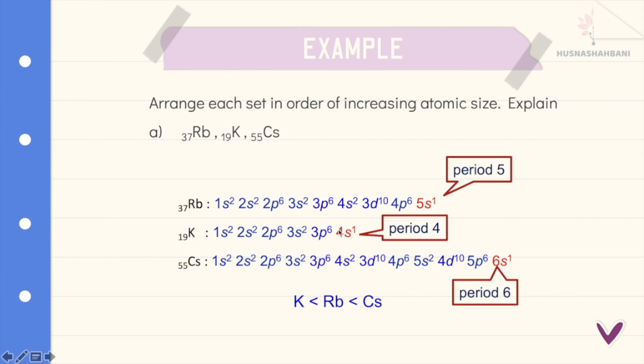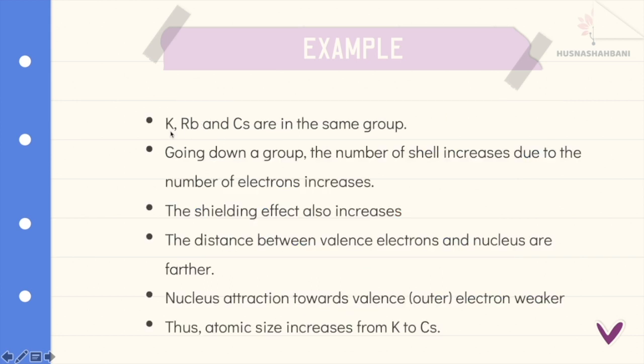So n equal to 4 is the smallest n, and 6 is the biggest n. When you have the smallest n, you have the smallest atomic size. So potassium is smaller than rubidium, smaller than cesium. They are in the same group.